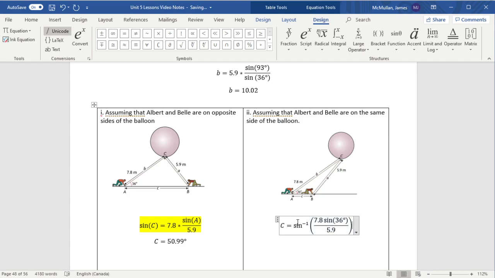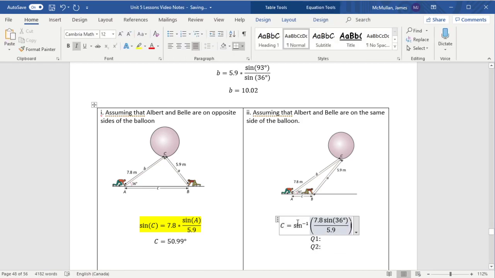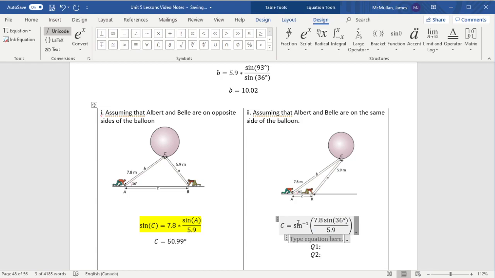Now, whenever you hit inverse sine, there are two answers: a quadrant 1 answer and a quadrant 2 answer. When you do inverse sine, it's either going to tell you beta, or if it gives you a negative number, it's telling you negative beta.